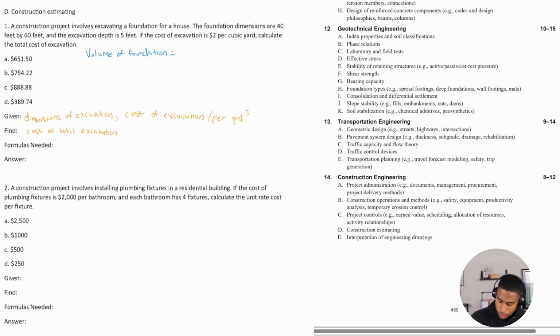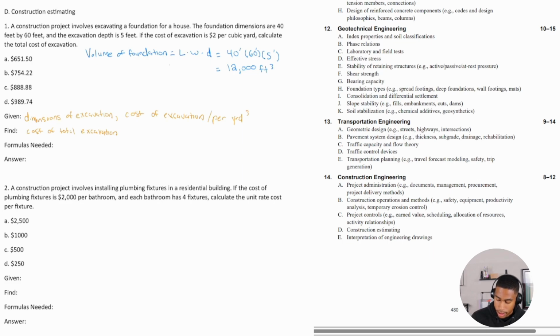So that's equal to length times width times the depth, which is equal to 40 feet times 60 feet, and then all multiplied by my 5 feet in depth. And when I do that, I get 12,000 cubic feet. Okay.